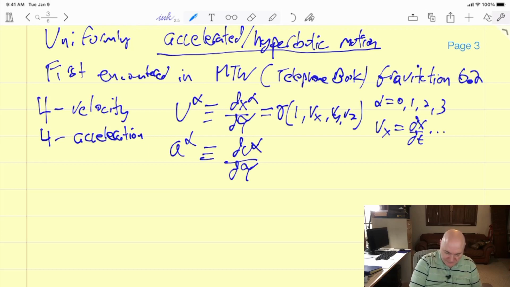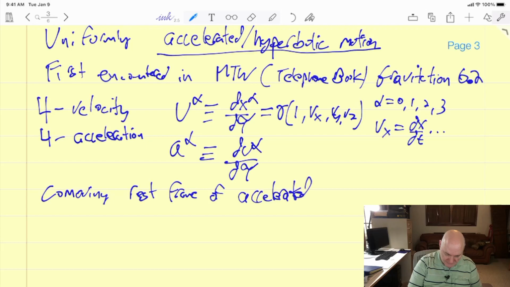Now, there's a concept of the rest frame of the accelerated particle. So think of a particle accelerating in one dimension. Doesn't have to be one dimension, but you can think of it that way. And as it's accelerating, you could imagine an observer moving alongside of him, traveling at the same velocity that he's traveling always.